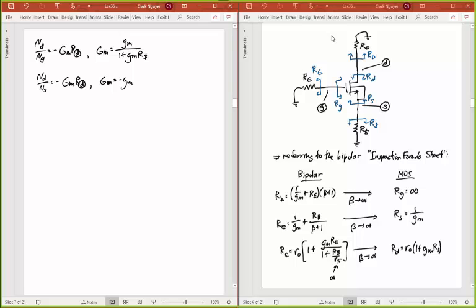And then finally, the gain from the gate to the source ends up being GM times RS, where for bipolar that was RE, divided by 1 plus GM times that RS. Again, that used to be RE. And so I can write this to make it similar to one of the equations we wrote for bipolar as RS divided by 1 over GM plus RS. And so that's it.